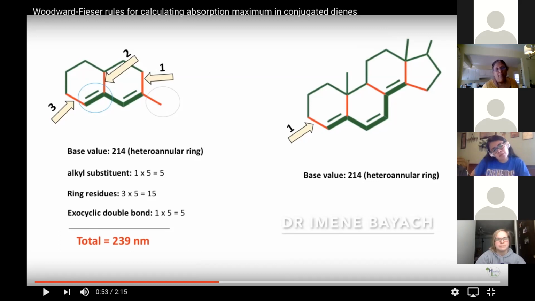Do you all understand the exocyclic part for that particular example? Any questions? Raise your hand. Jamie looks confused. I'm analyzing it. I think I get it. It's almost like you have to take the tops off of these rings and pretend they don't exist.